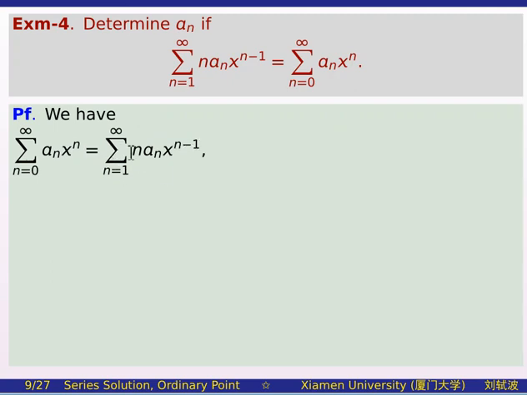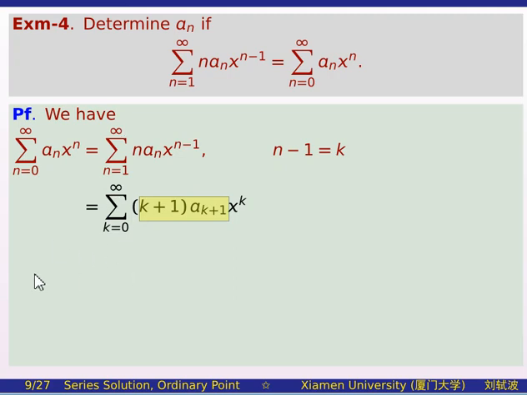The trick is to write the right hand side so that the power of x is the same as the left hand side, that is n. For this purpose, we let n minus 1 be k. So the right hand side can be written, by the shift of index we just discussed, with n equal to k plus 1. So the right hand side is (k plus 1) a_(k plus 1) x^k, and n from 1 to infinity corresponds to k from 0 to infinity.